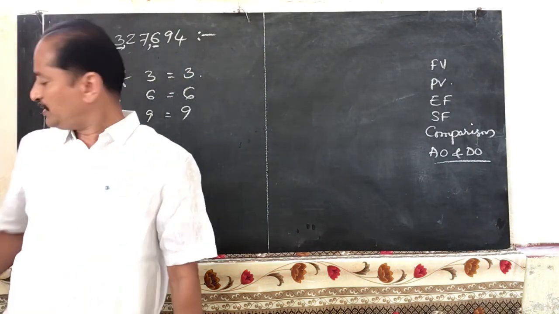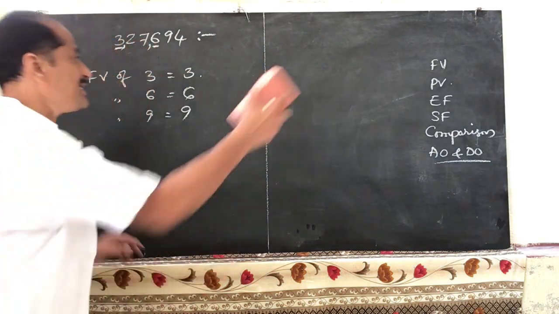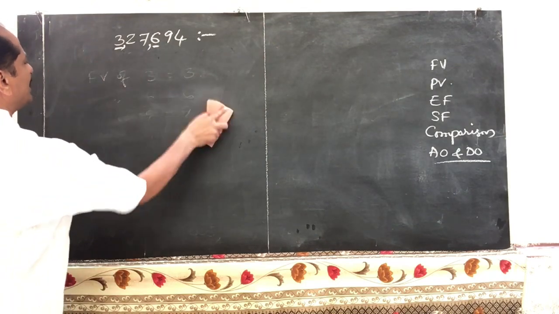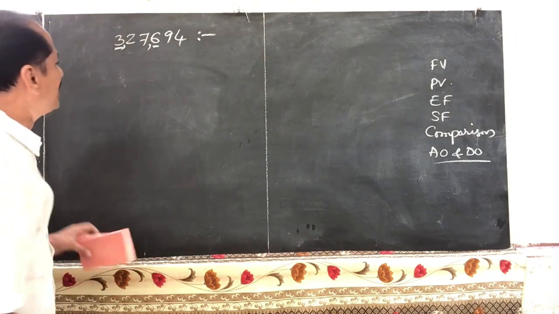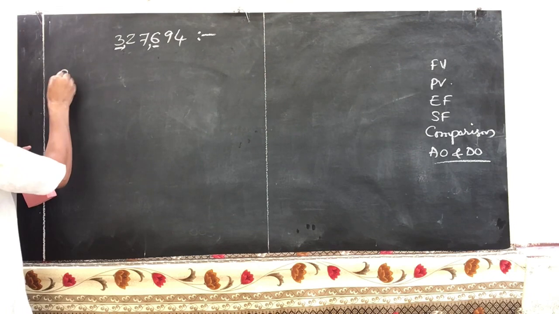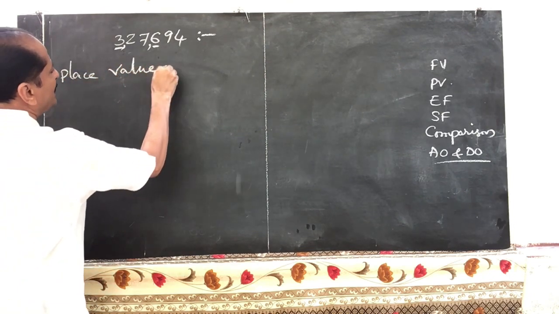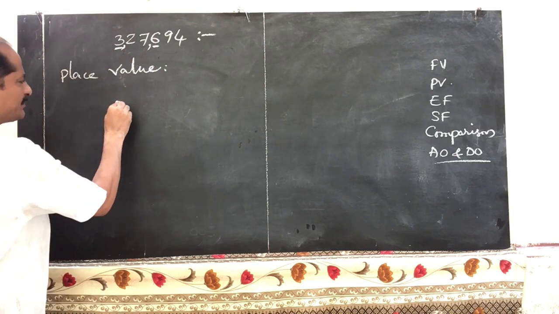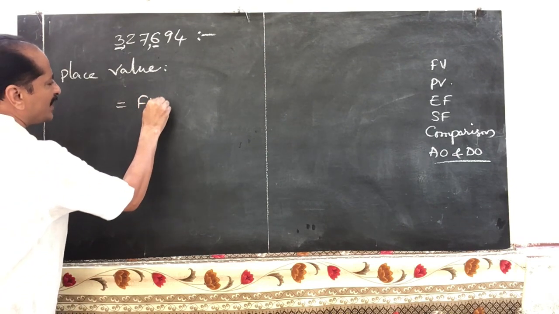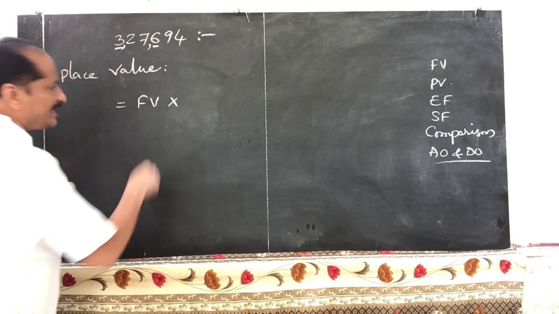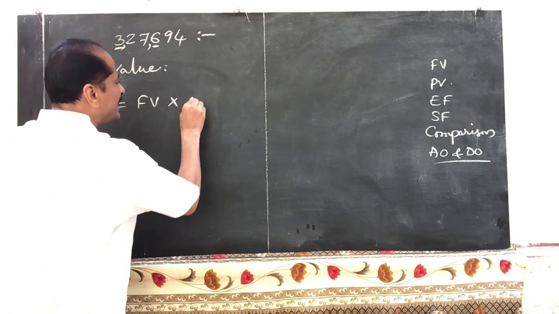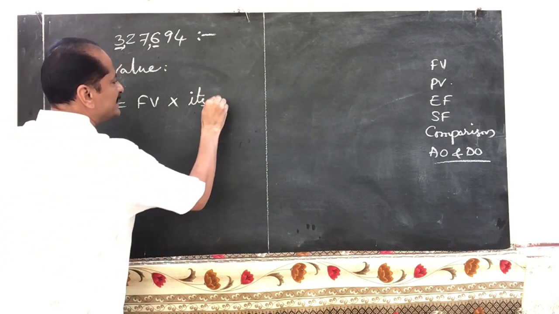And what can you say about place value? Till now we have learned about the face value. Now see about the place value. P-L-A-C-E value. Place value of any digit is nothing but the face value of the digit into its place.